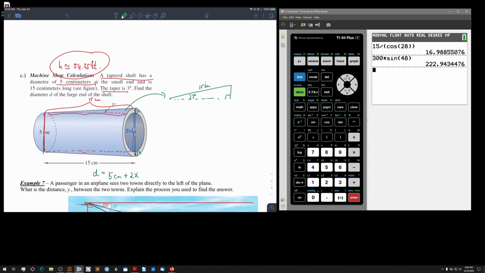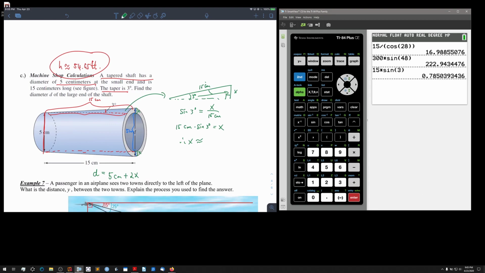What I want to know is this, that's my X. What ratio is this? This is opposite and this is hypotenuse. Well, that's sine. So sine of 3 degrees is X over 15 centimeters. Multiply 15 centimeters on both sides. So X is about, this is an approximation, 15 centimeters times sine of 3 degrees.